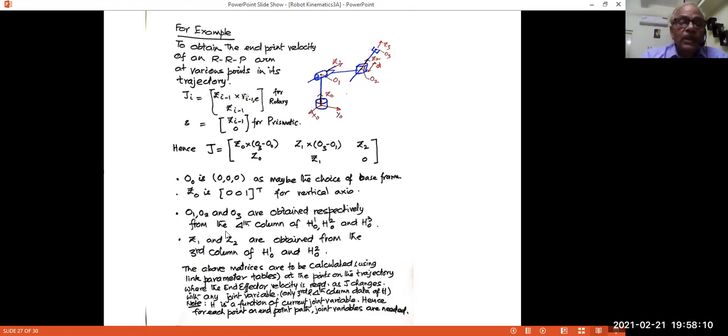We start with that, and the other things we obtain from the fourth column of H10, H20, and H30. You get O1, O2, O3. Z1 and Z2 are obtained from the third column of H10, H20. As I said, they can be calculated using the link parameter tables.